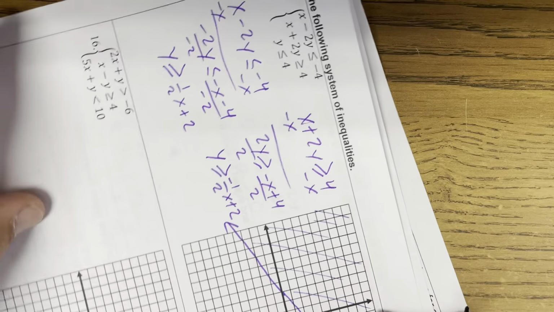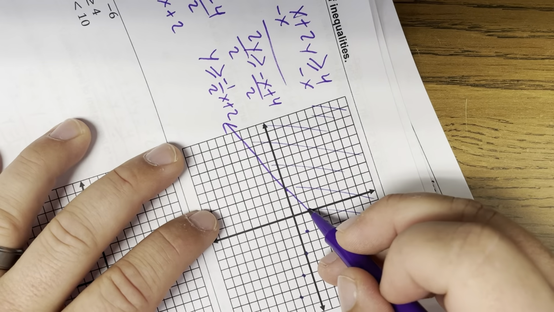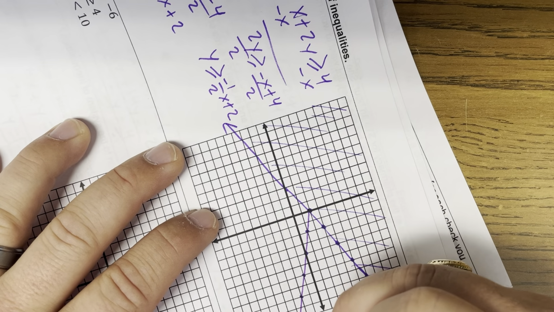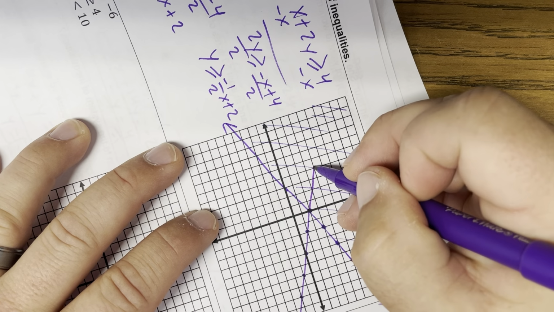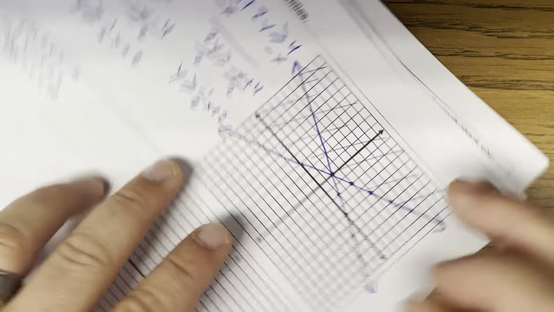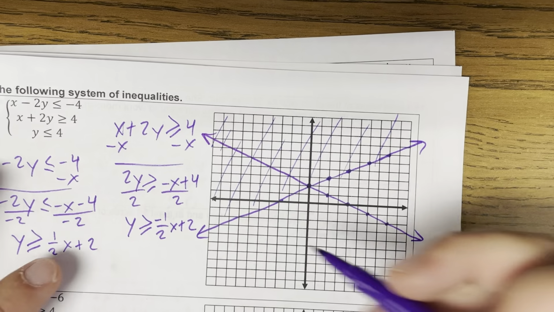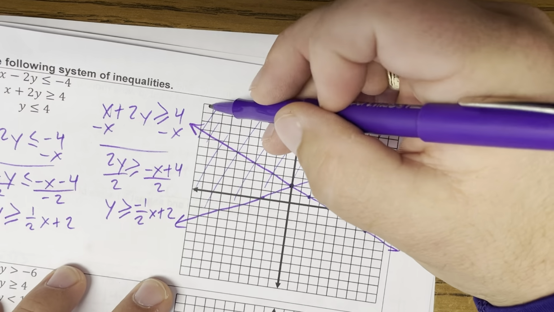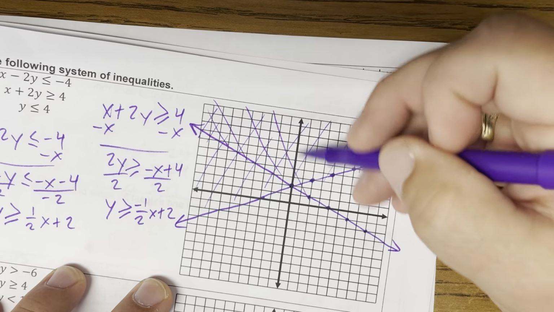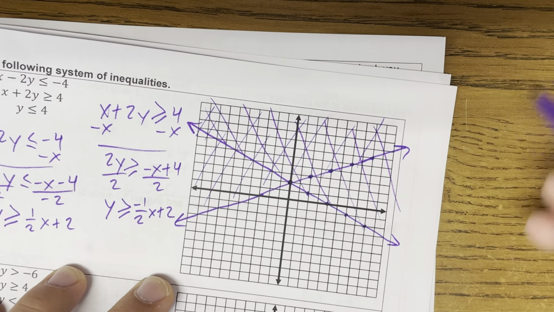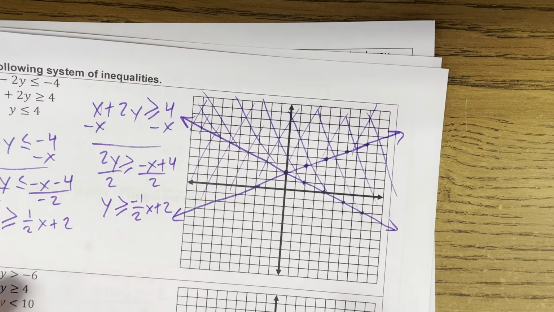And again, this one's a solid line because it does have that equals. And this one is greater, so we'd be shading above. So right now I can see my double shading is above both lines.